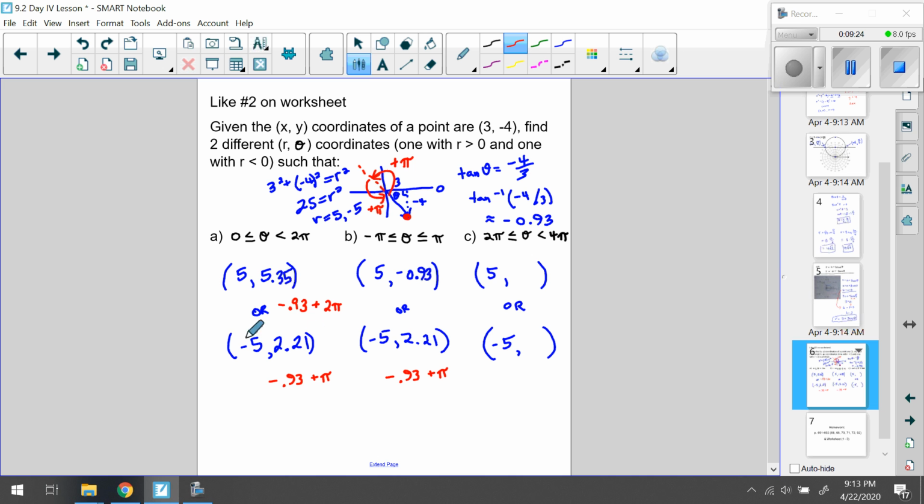If these values are between 0 and 2 pi, couldn't I add 2 pi to this one that we found here, and that would just take me one revolution around, and that would be greater than 2 pi but less than 4 pi. Or if you want to think of it, you can start with your original -0.93, and instead of going one full revolution, we're going to have to go 2 full revolutions. And so instead of adding pi or 2 pi, we'll add 4 pi. Does that make sense?